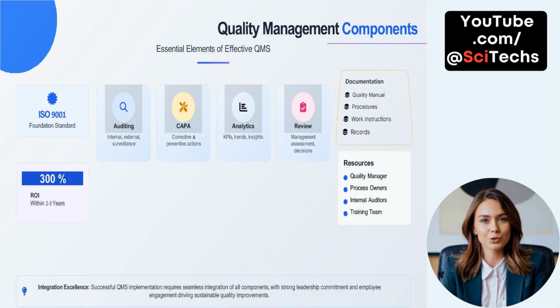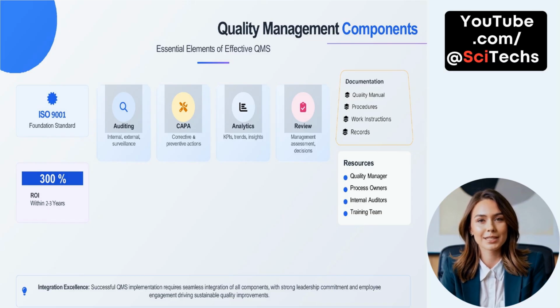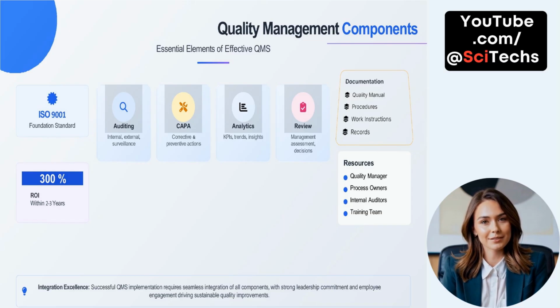Analytics also play a crucial role by tracking key performance indicators, identifying trends, and providing actionable insights. Management review is essential for strategic decision-making and continuous improvement based on data and results. Documentation is another pillar, including a quality manual, formal procedures, detailed work instructions, and accurate records.